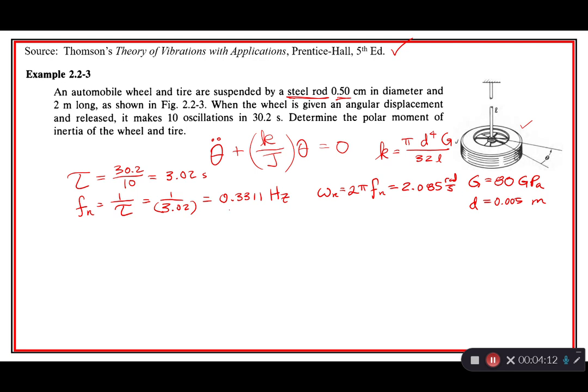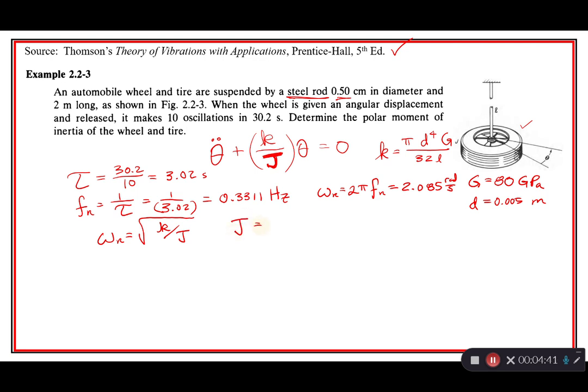So the natural frequency is the square root of K over J, and this J is the polar mass moment of inertia. I should have made that clearer.